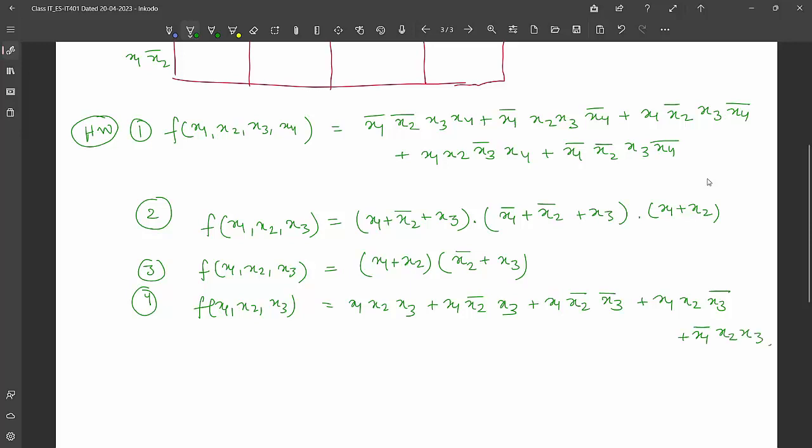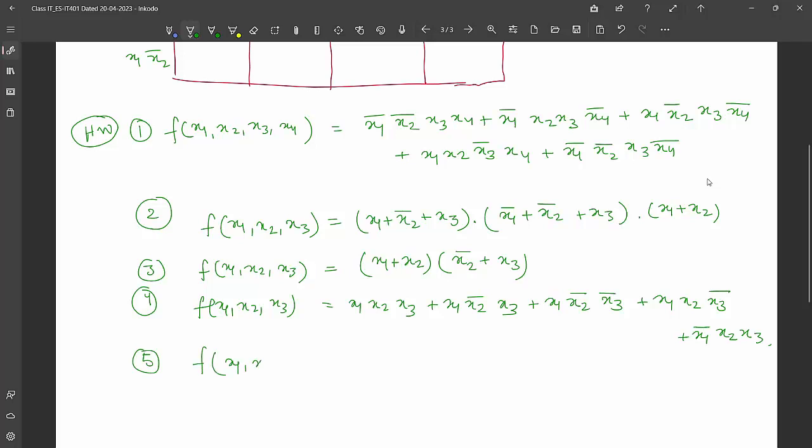Okay, so I think these are the problems, 1 2 3 and 4. Take one more expression, and 5 homeworks are sufficient for practice.